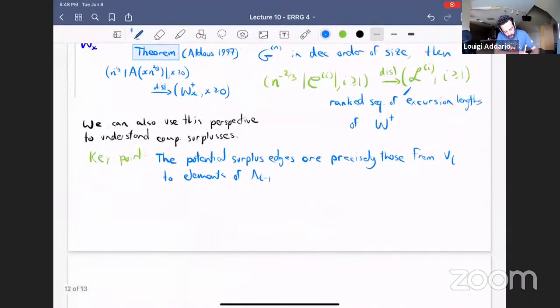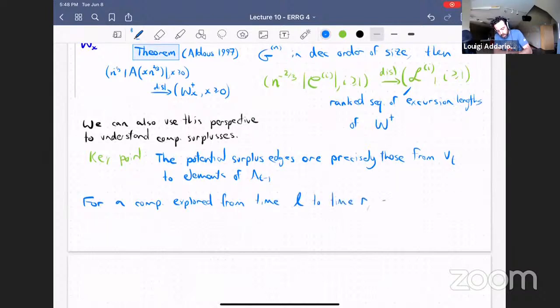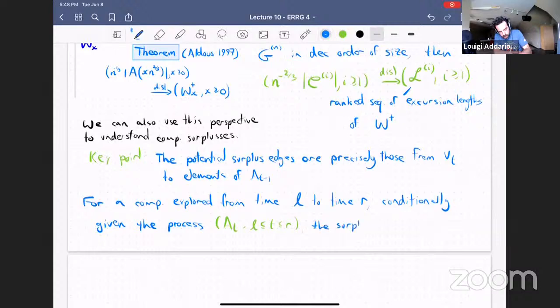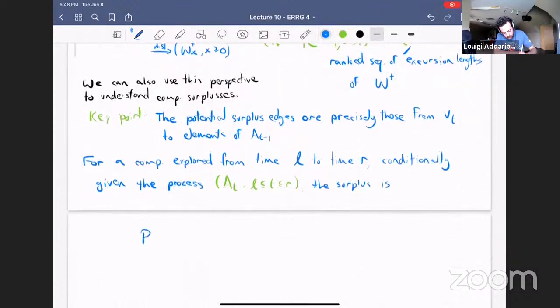So if we look at a component that's explored from some time L to time R, conditionally given the active Q process, A_T for T from L to R, then the surplus will be binomially distributed with parameters the sum over T from L to R of A_T, and p.